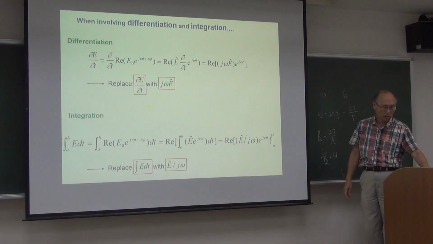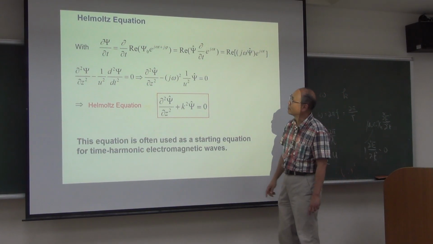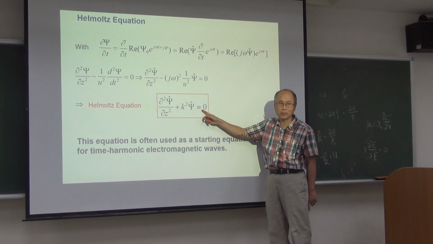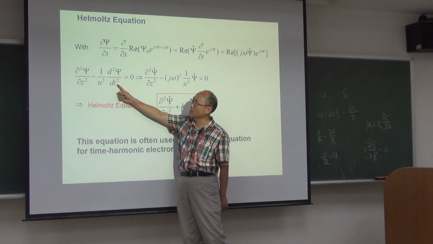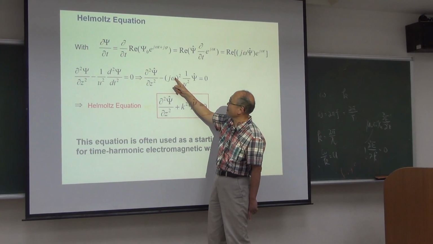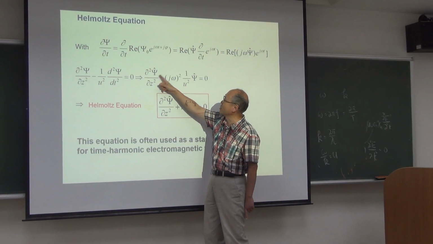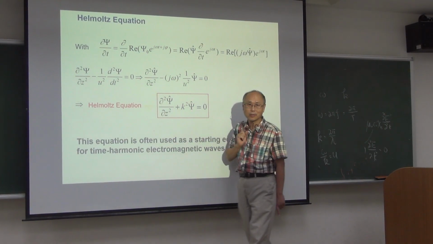Now we are in a position to convert the wave equation into a phasor notation. The double derivative with respect to time just creates this j omega squared when you write this c into a phasor notation.